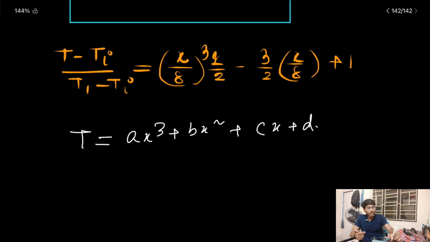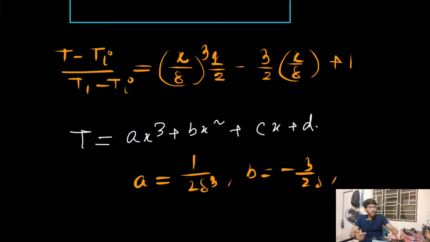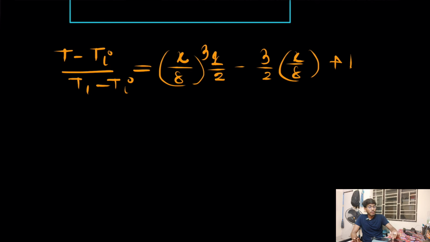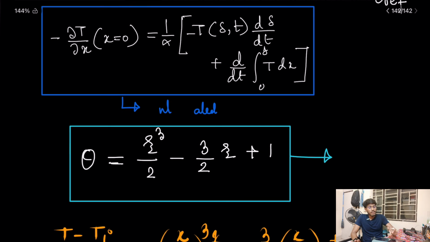Then you will have your a as 1 by 2 delta cube, your b as 0, your c as minus 3 by 2 delta, and your d as 1. But for the simplification of the algebra in finding this a, b, c, d, we have defined this theta and xi thing. Still, we can simplify this integral.